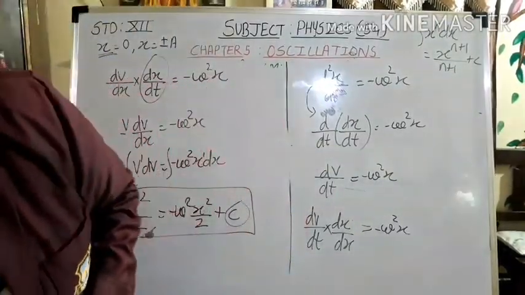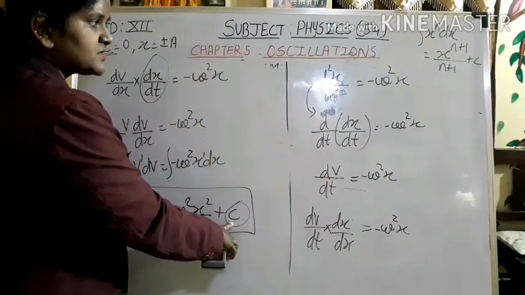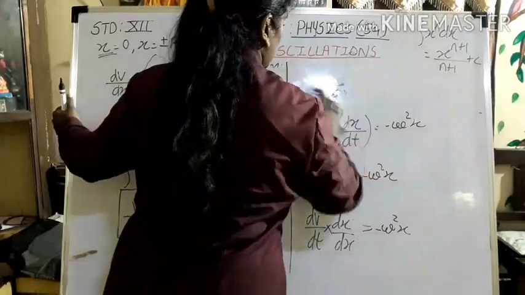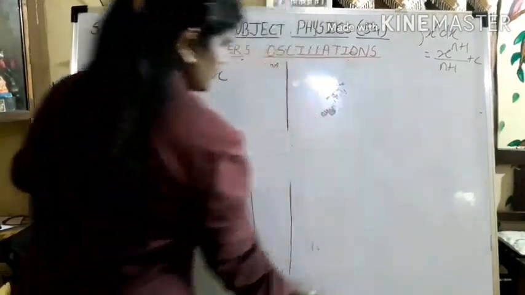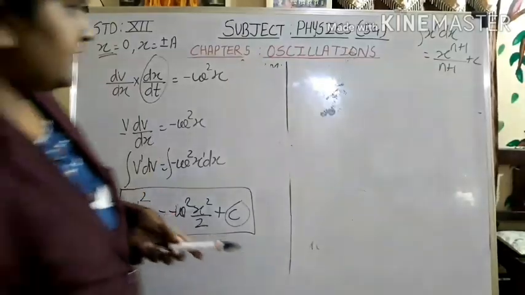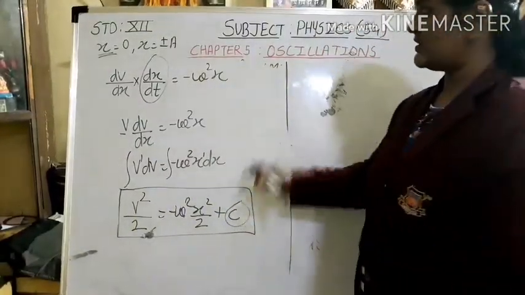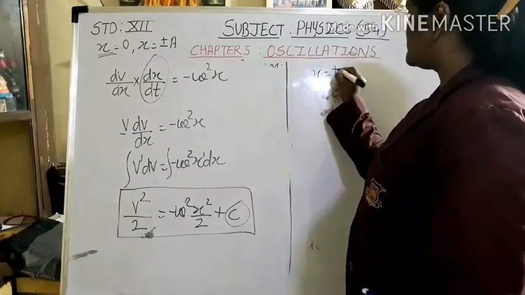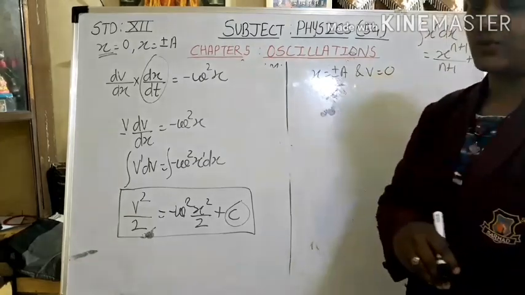So we are going to put the values in this equation and we will get the value for c. To find the value for c, I am going to put x as a and v as 0.